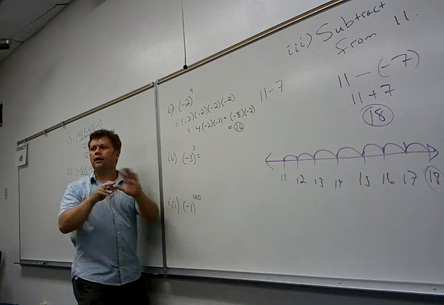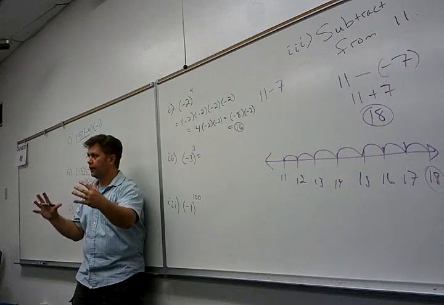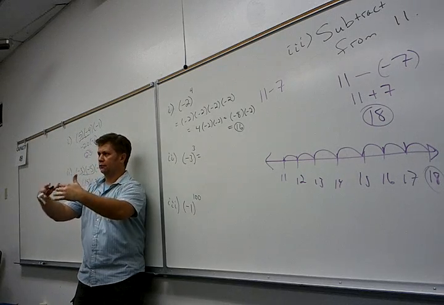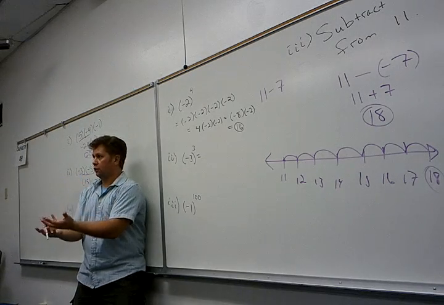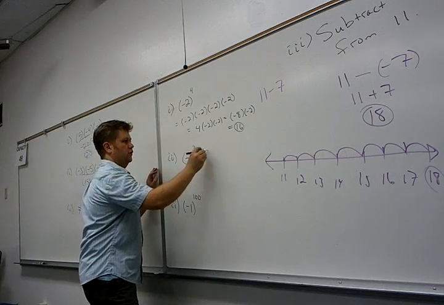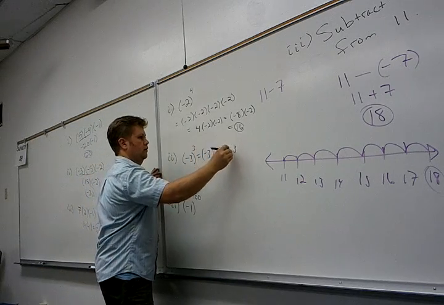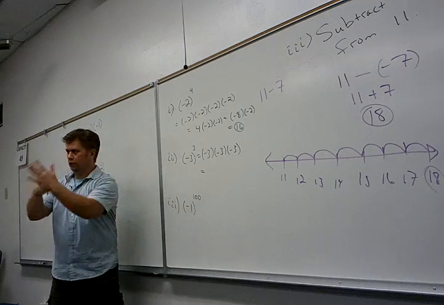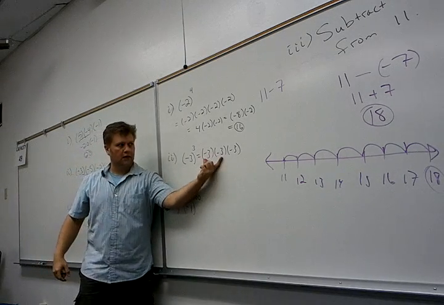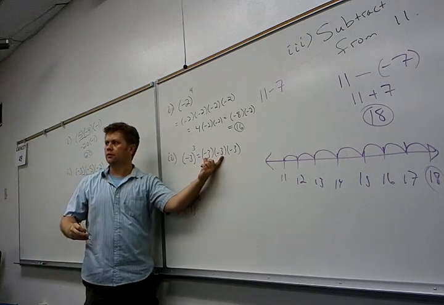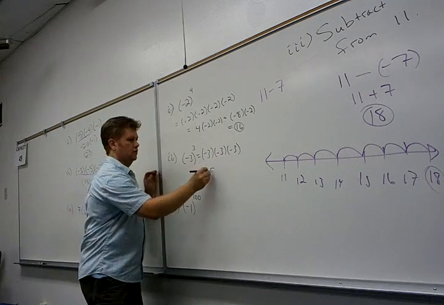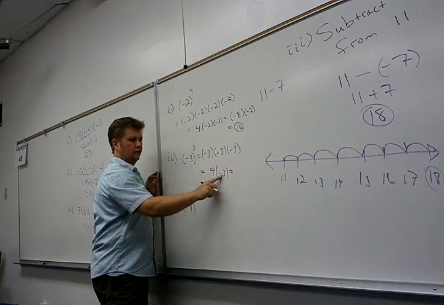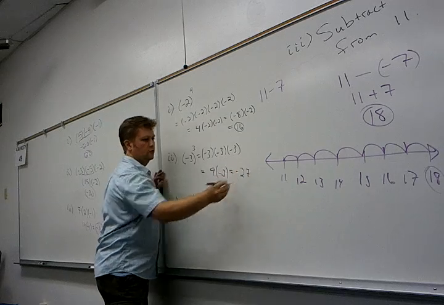I always want to show you the whole way, and then I'll back it up later, once we've done a couple, with the quicker way. You do whichever way you feel comfortable with. So the straight-up pure textbook method would be -3 times -3 is positive 9, good. Times -3, -27.